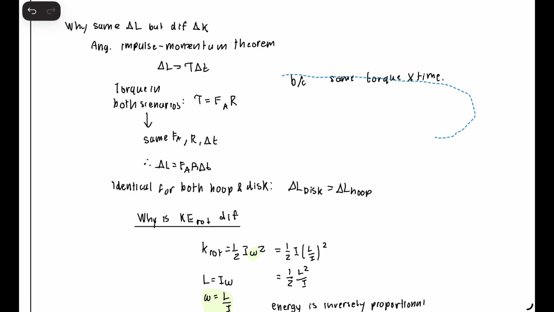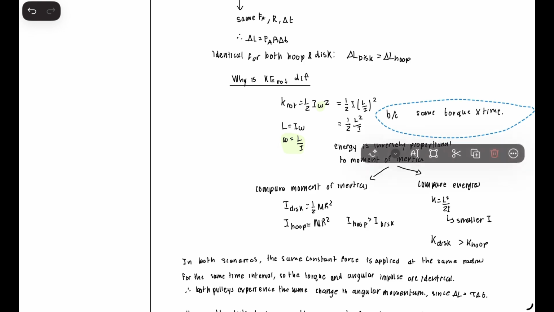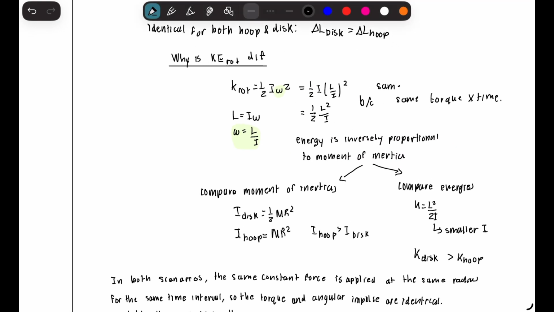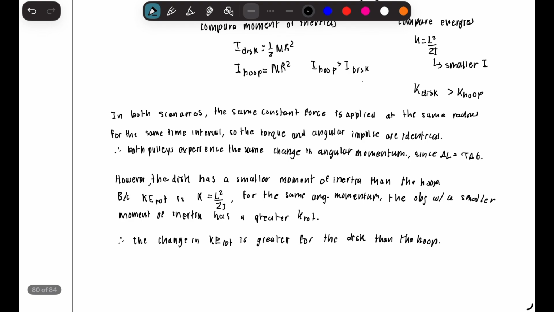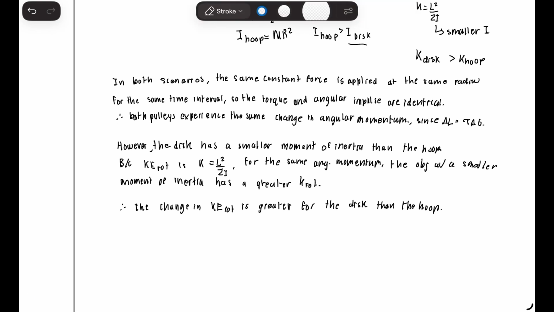This is actually for part B, the same delta L because you have the same torque times time. And also the disk has a smaller I. So that means that for the same L, a smaller I is going to result in a larger K.